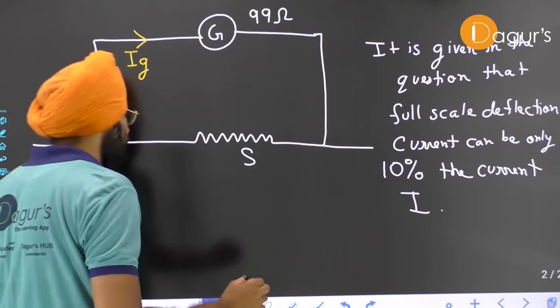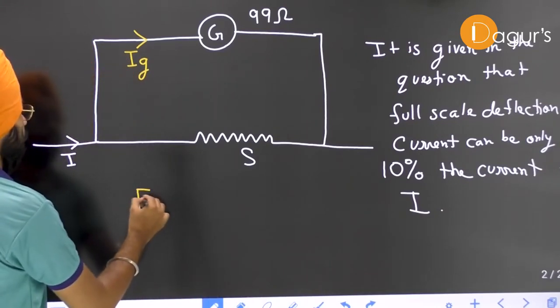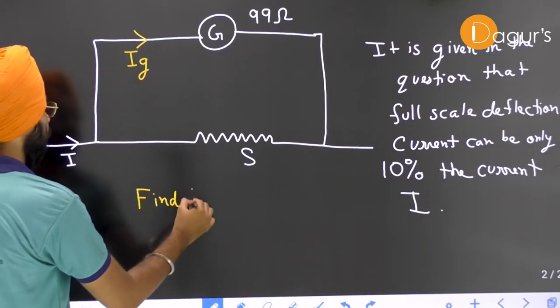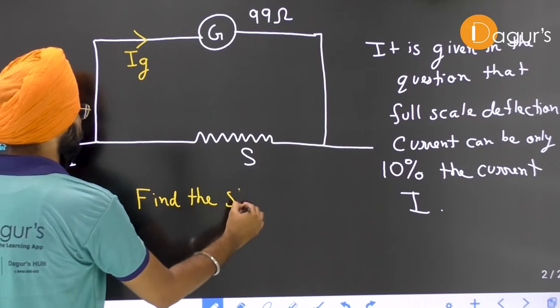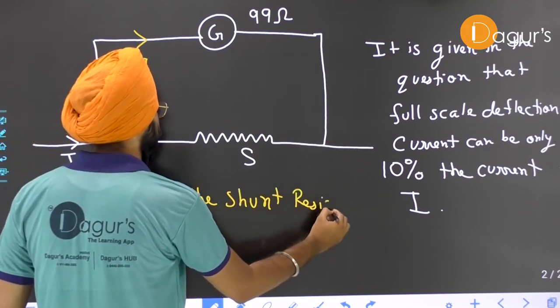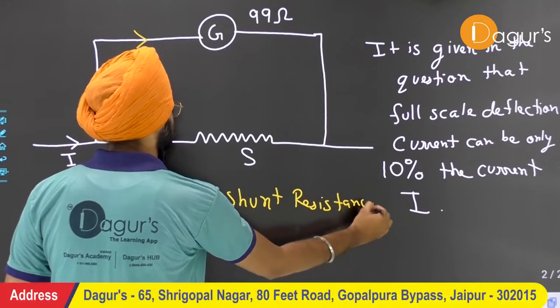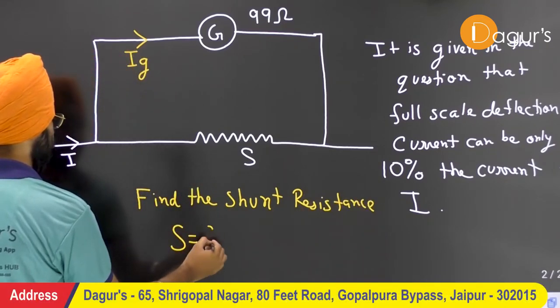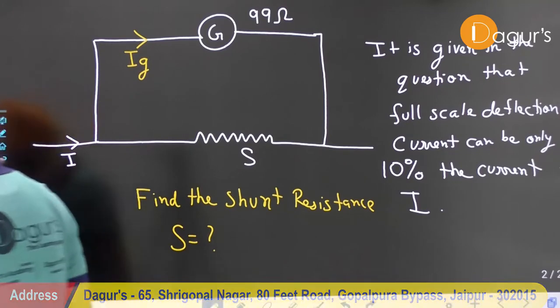So what is the question? Find the shunt resistance S. Okay, so this is the question.